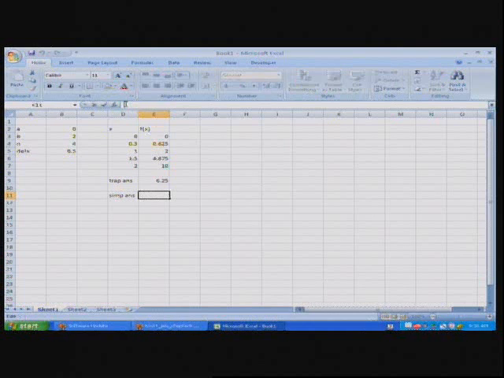So we're going to say equals delta x, which was this one, divided by 3, and then times, parenthesis, y naught, which is the first one, plus 4 times the second one, plus 2 times the third one, plus 4 times the next one, and then plus the last one.